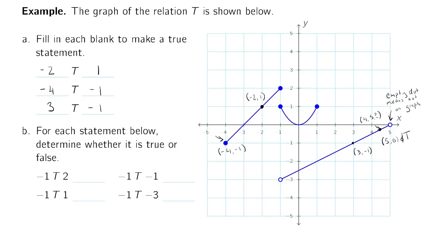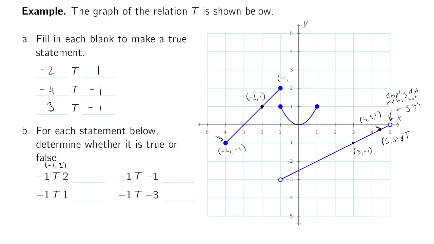And so we think again of these statements about two numbers being related as being statements, so they can be true or false. So (-1, 2), that's saying that the pair (-1, 2) is in the relation.